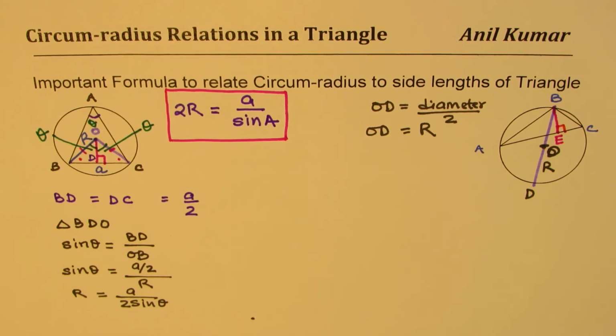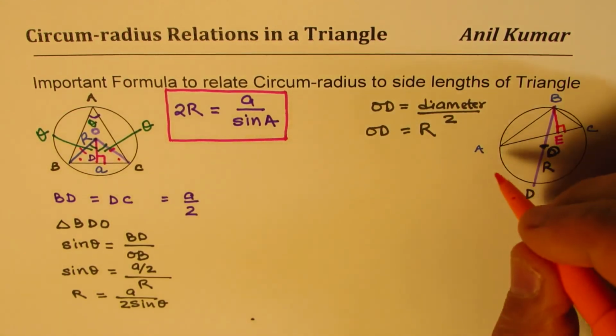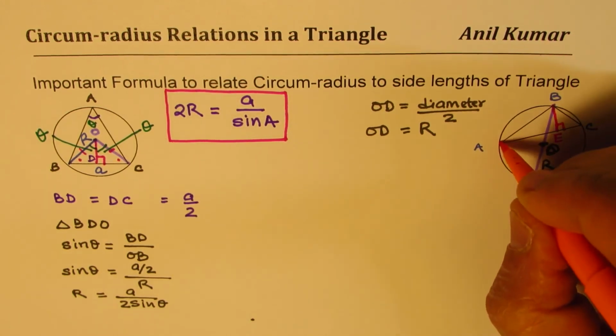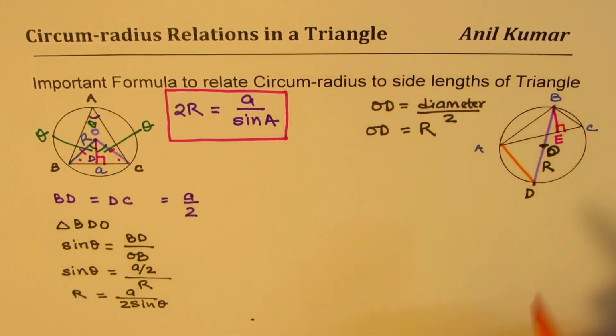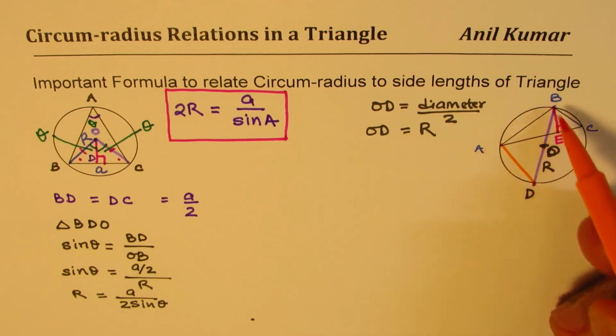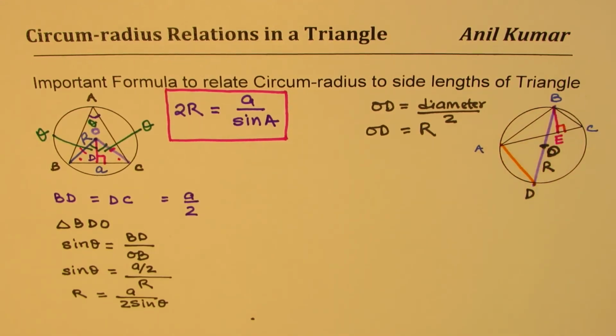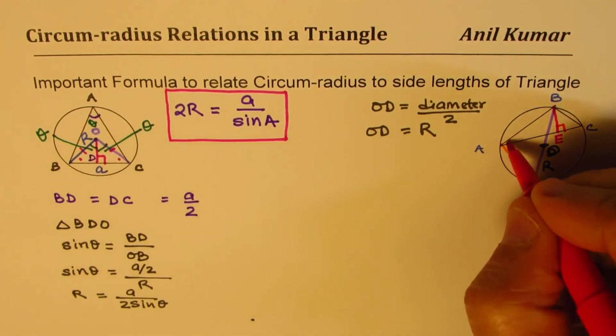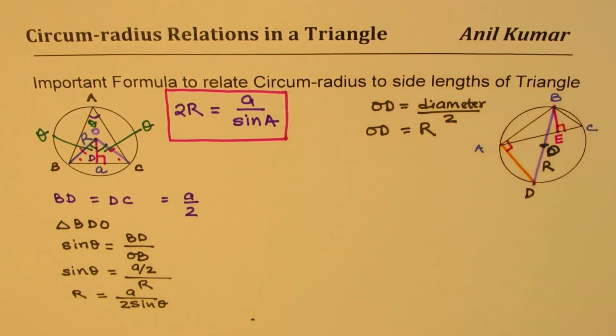Now, if I join points A and D, in that case, that is a semicircle. So in a semicircle, we'll have a right triangle, right? So that becomes a right triangle. Perfect.